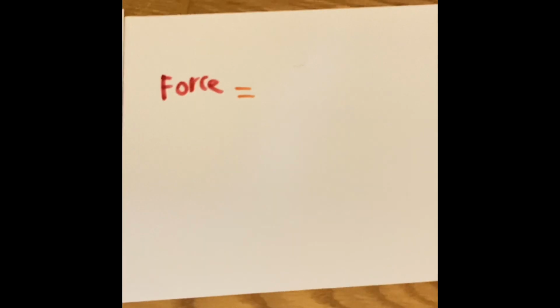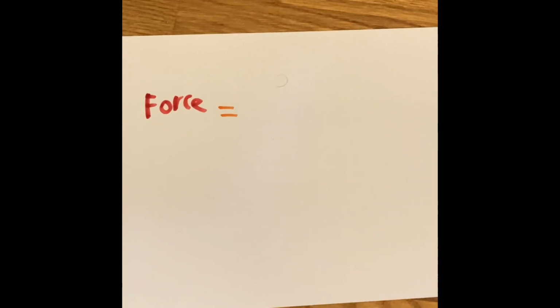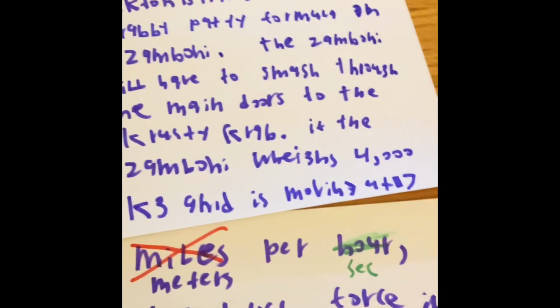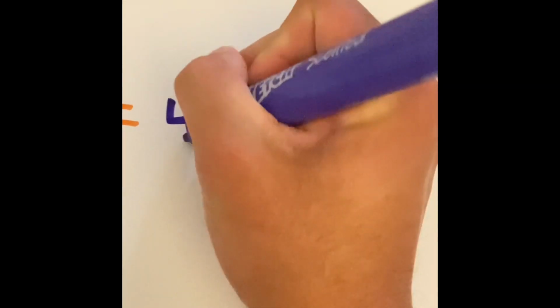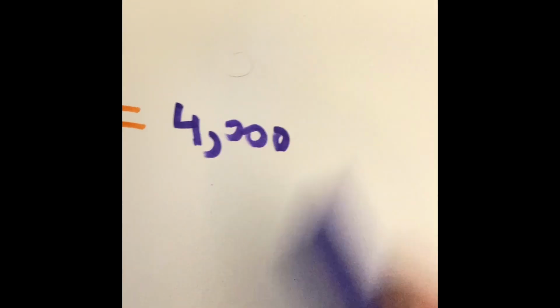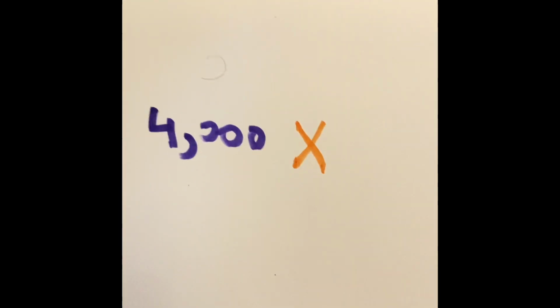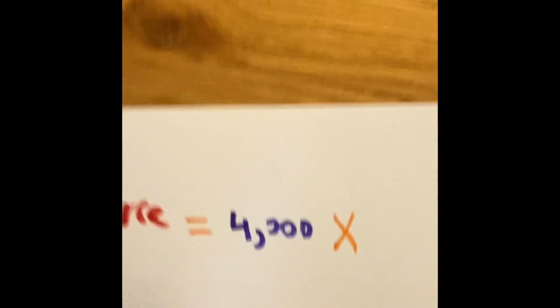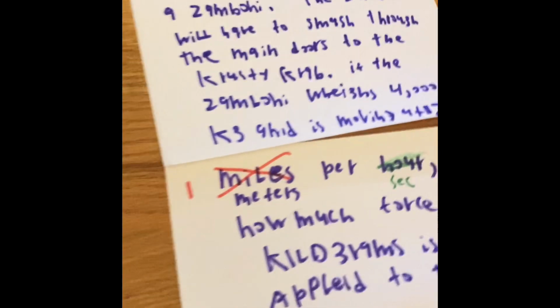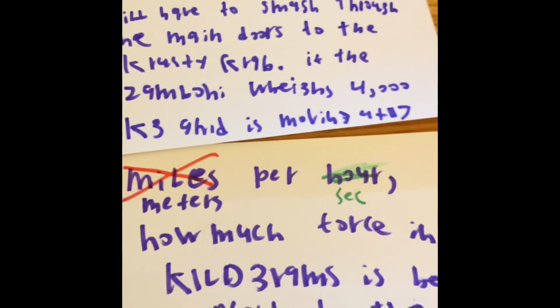Okay, so we said earlier that the mass of the Zamboni is weighed in kilograms, and it weighs 4,000 kilograms. So we're going to put 4,000 into the formula. Now, after that, we have to multiply that by the acceleration. The acceleration of the Zamboni is 17 meters per second squared.